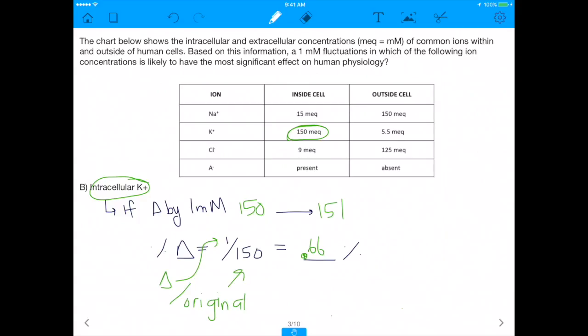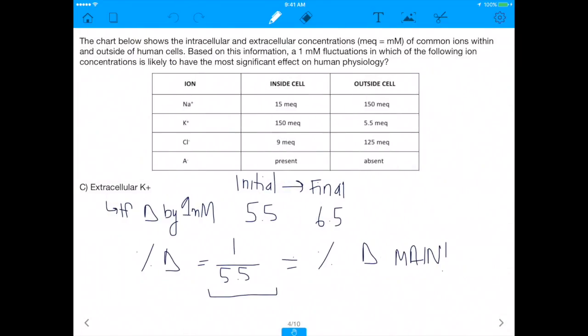It's pretty insignificant. But now, let's move on to extracellular potassium. The extracellular potassium is 5.5, and that would mean we change it to 6.5. That is insane. For our purposes, I can just round 1 over 5.5 to 1 over 5 if you don't want to do intensive math.